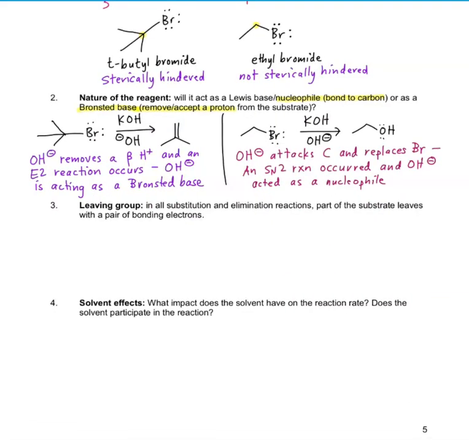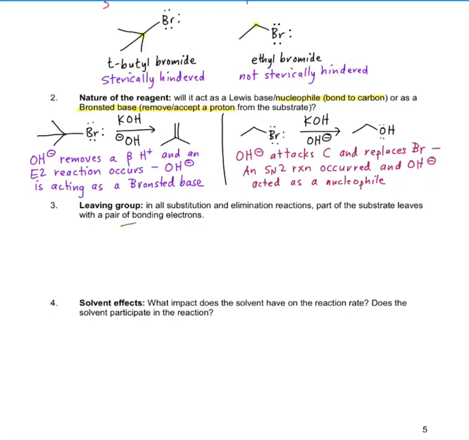Now in all of these reactions, there's going to have to be a leaving group. So that's true whether it's a substitution or an elimination reaction. Part of the substrate is going to leave with the pair of electrons that bonds it to the carbon that it was attached to.